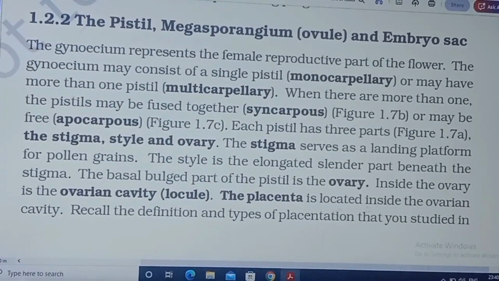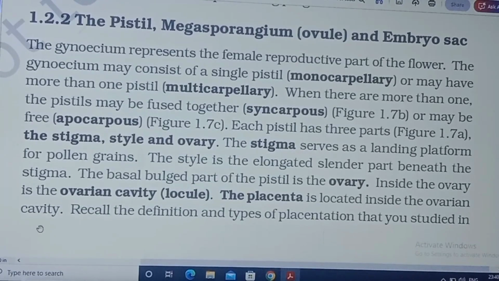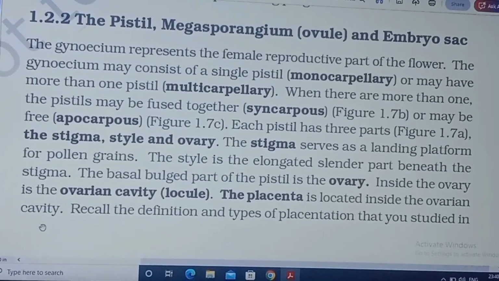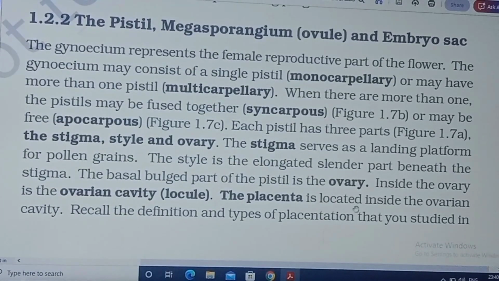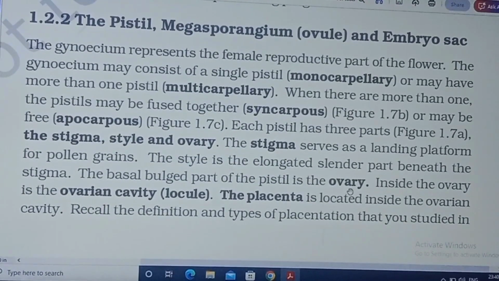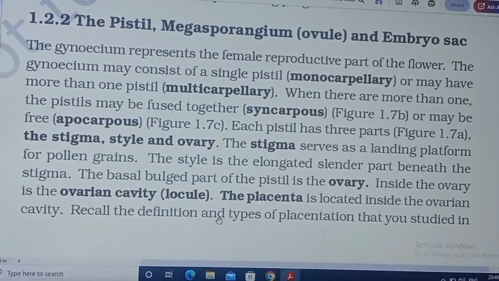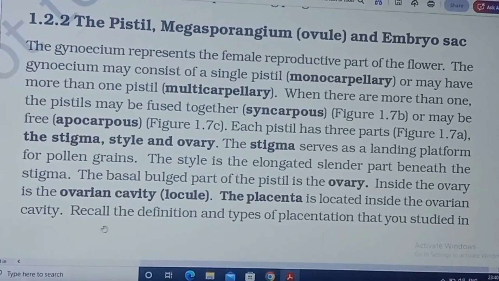The placenta is attached inside the ovarian cavity. You can see the ovary outside, inside that the ovarian cavity, and inside that the placenta. You can remember it step by step.